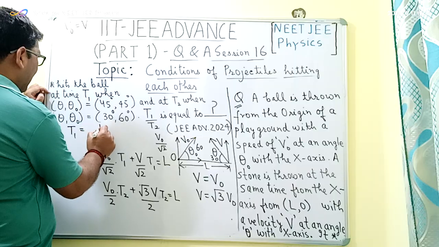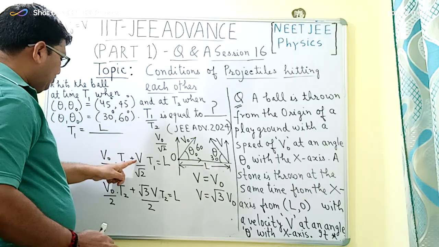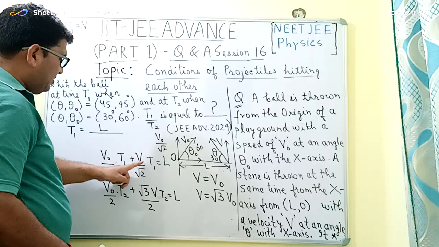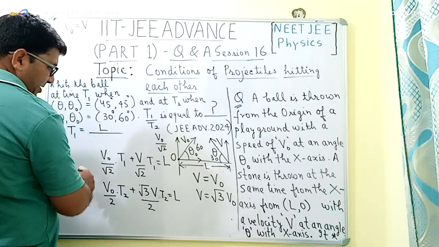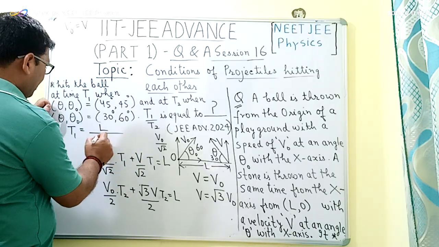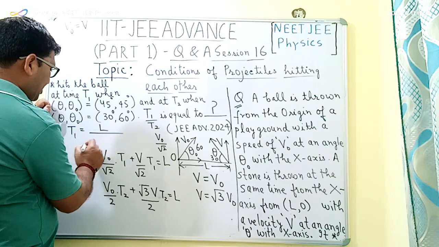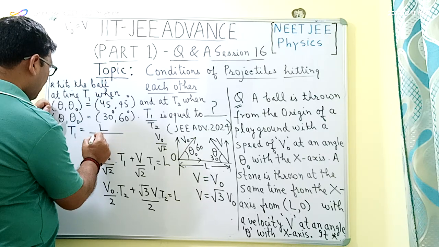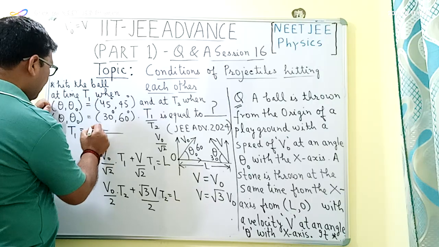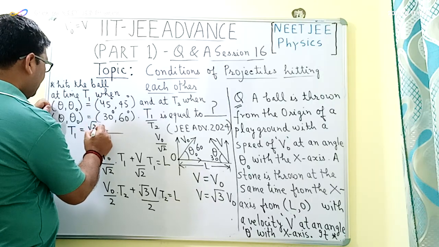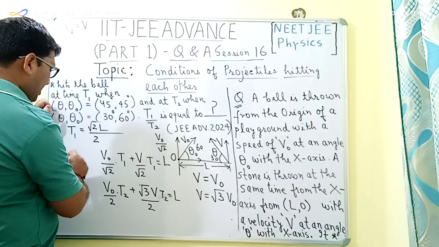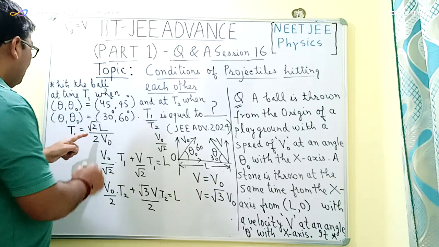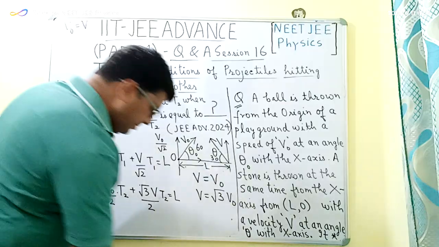T1 will be equal to L, divided by V naught plus V naught by 2, which becomes V naught by 2 as well. So root 2 can be written in the numerator, and T1 is equal to root 2 L divided by V naught.